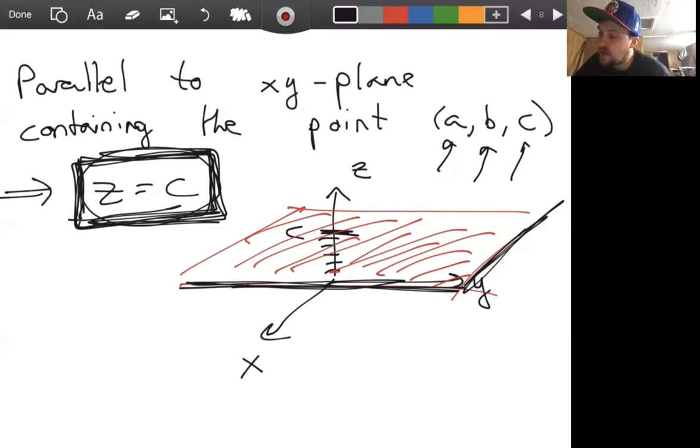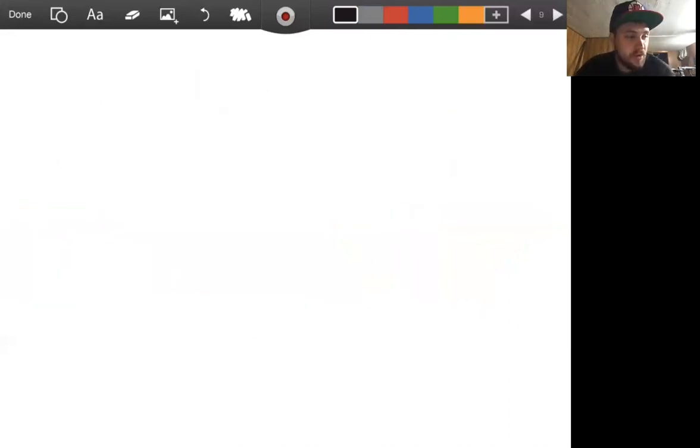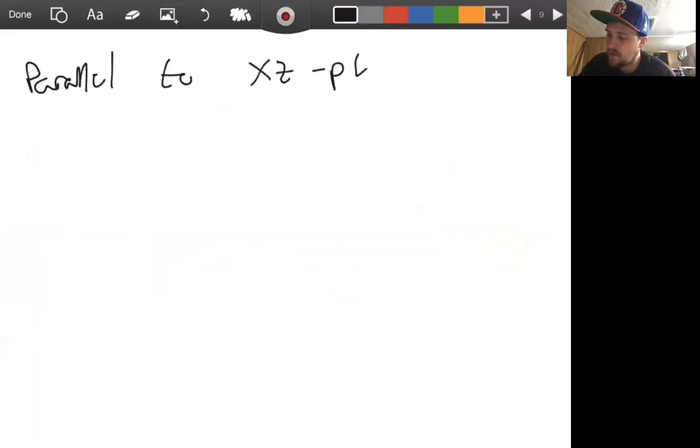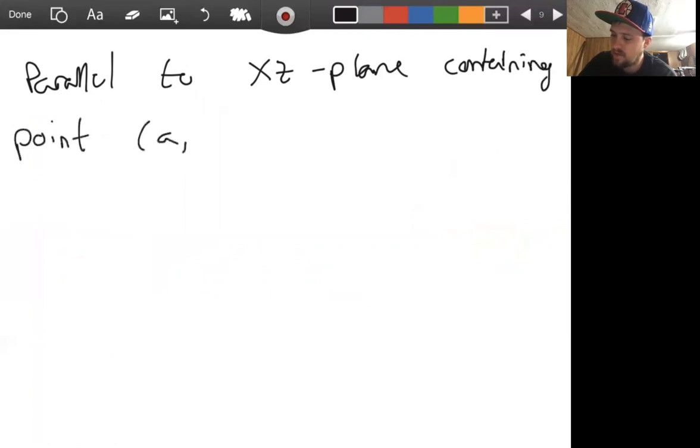And so you can see, what about something parallel to the XZ plane containing the point ABC? You can imagine now X and Z have freedom and Y is restricted.